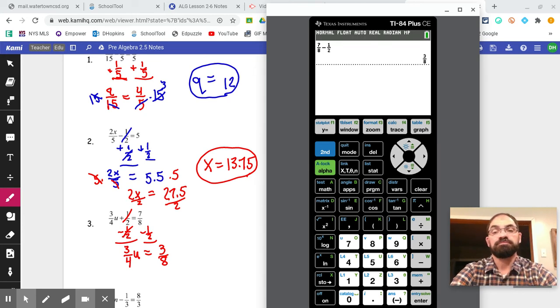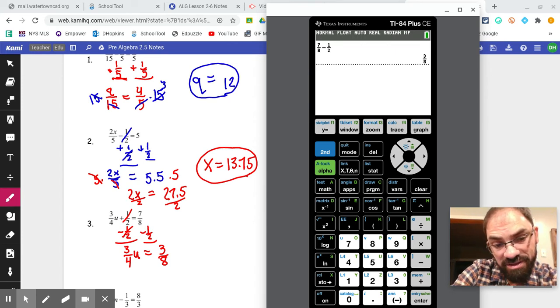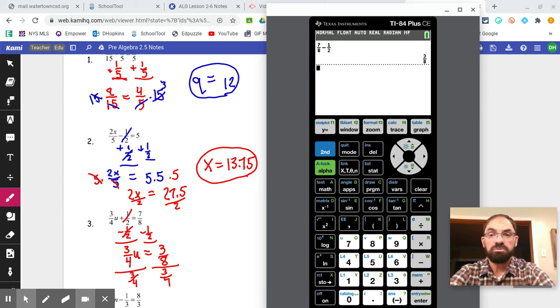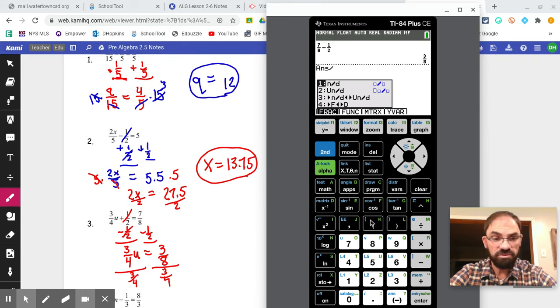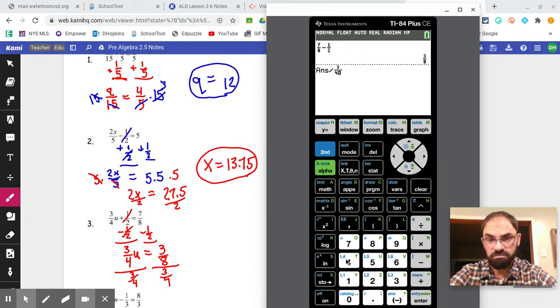Okay, so now we have 3/4 u equals 3/8. To get u by itself, we want to divide both sides by 3/4. So my answer right there, I want to divide by 3/4. And I get 1/2.